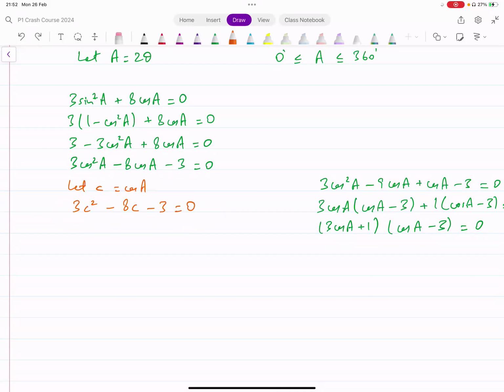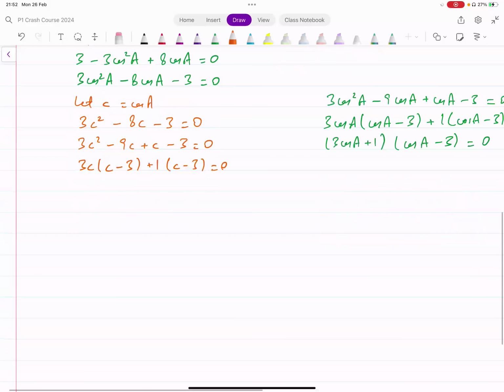That's also okay. So this will become 3C squared minus 9C plus C minus 3 equal to 0. And that gives you the same two factors: 3C into C minus 3, plus 1 into C minus 3, equals 0. Then you have 3C plus 1 into C minus 3 equal to 0. That means C is either equal to minus 1 over 3 or C equals 3.